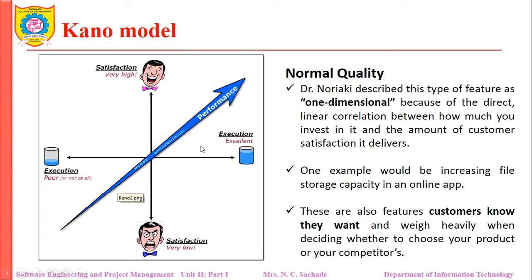One example would be increasing file storage capacity in an online app. These are the features which customers know that they want and weigh heavily when deciding whether to choose your product or your competitors'. So if we have requirements which we have categorized after analyzing customers' requirements, and if they fall under this performance category, we have to implement them.